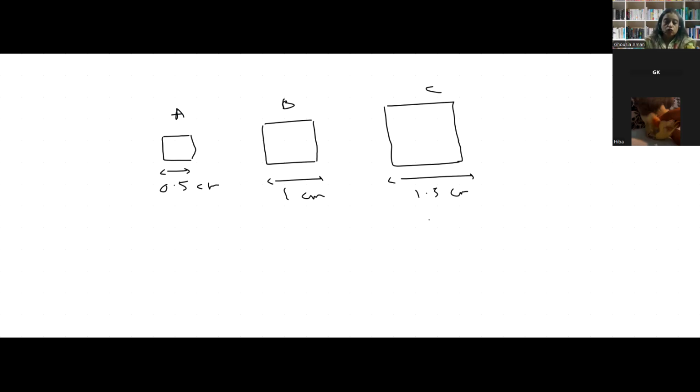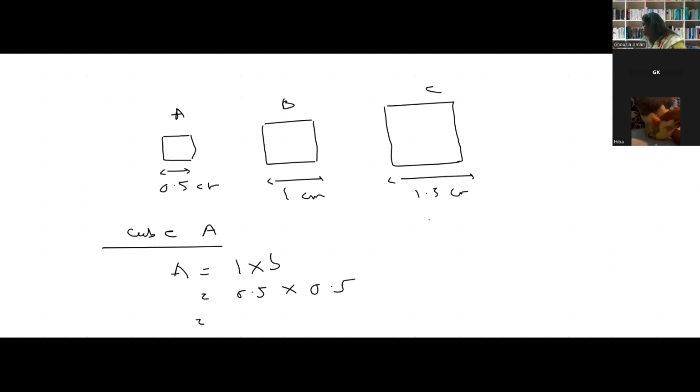What is the formula of area? Length into breadth. So 0.5 multiplied by 0.5. What will be the area? Calculate. So the area of the smallest cube will be 0.5 multiplied by 0.5, which is 0.25 cm squared.